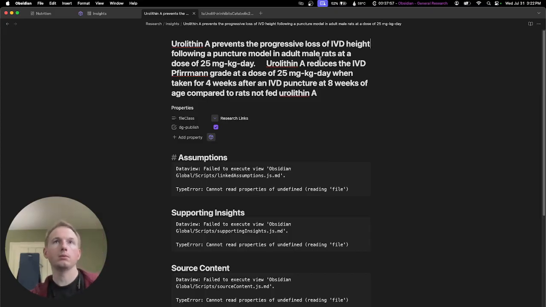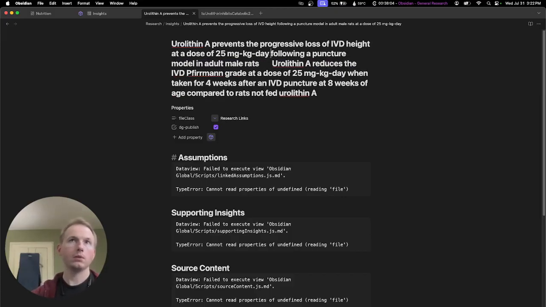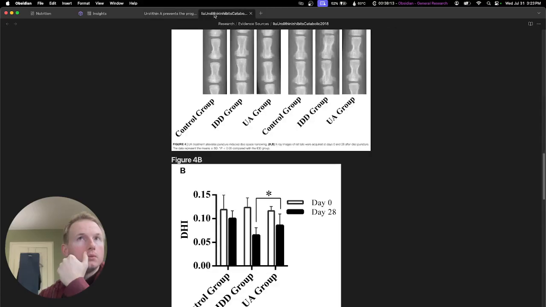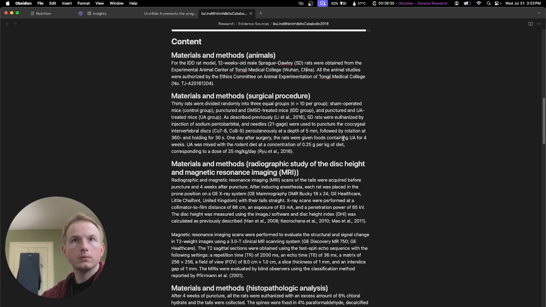So the dose is there. How long did they take it? Four weeks.